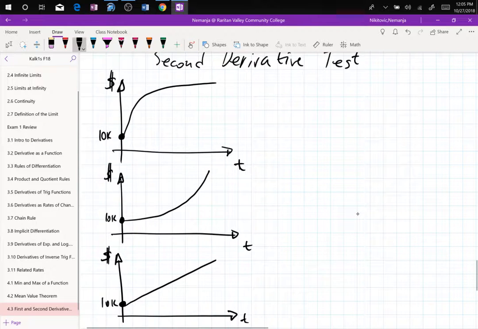And the answer is? All of them. Exactly. All of them. So are all of these increasing graphs? They are, because over time, they all generated extra money.